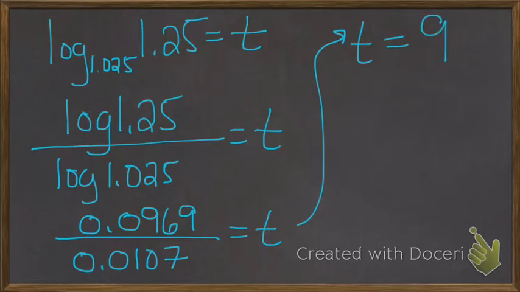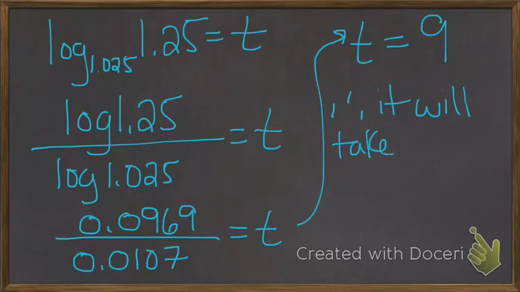Now that works beautifully because we can say now that it's going to take approximately 9 years in order for that population of the school to grow to 1,250. And we can finish this off by writing a therefore statement.